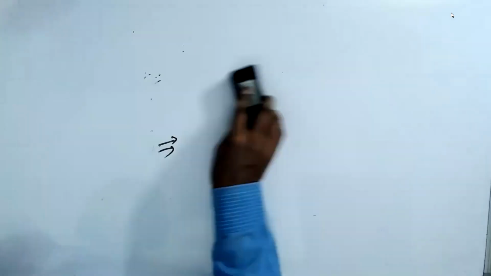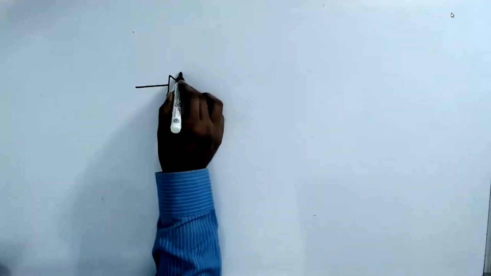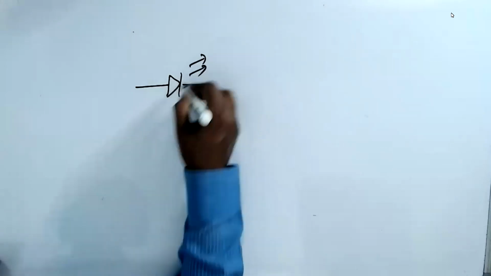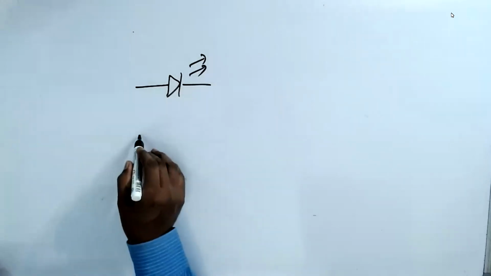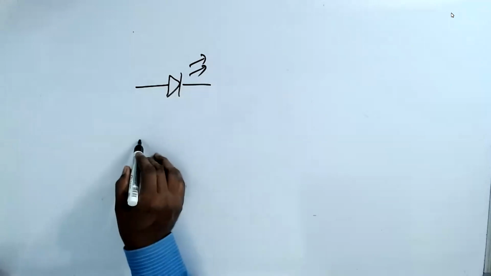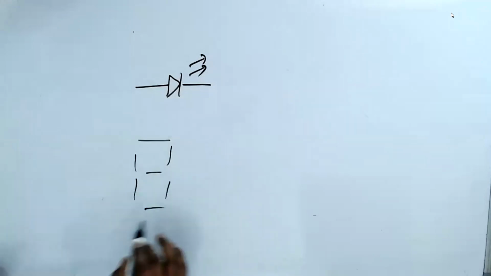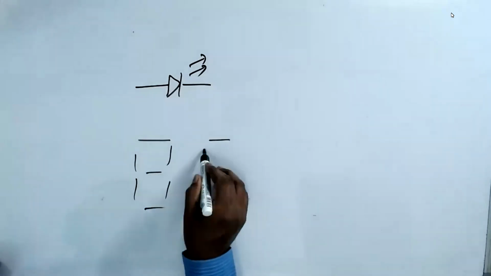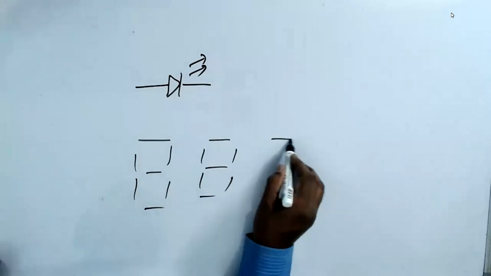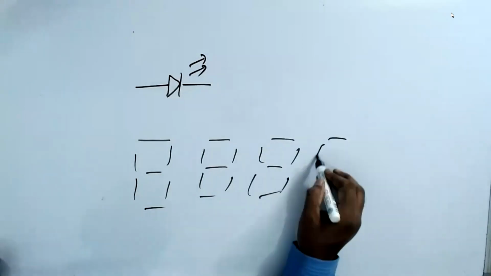So every dot. Now we discussed the single LED. Then we discussed the simple 7 segment, only one segment. Then we discussed dual segment, then octal.